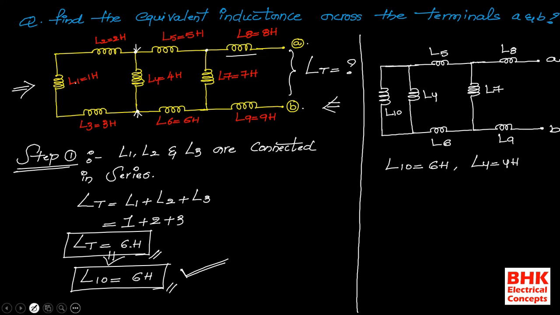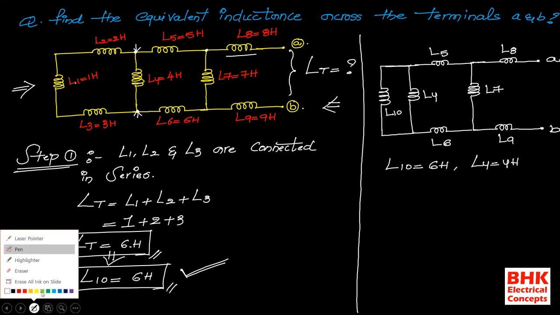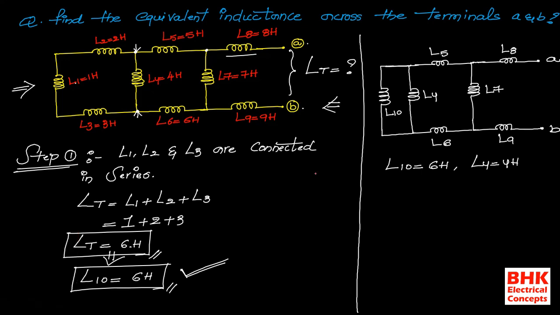Now coming to the next step, step number 2. Assume this is one point, and this is another point. From this point to this point, L10 and L4 are connected in parallel.